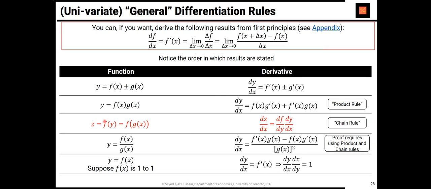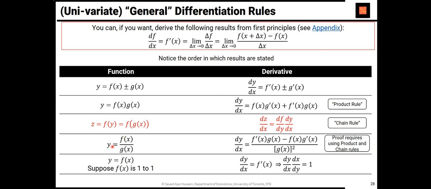Intuitively, by the way, this is not easy to prove. As you can see in the appendix, it is extremely hard. The change in z due to a change in x says first find the change in f due to a change in y, then multiply by the change in g due to a change in x. But of course, g is y, so the change in g over the change in x is dy dx. Chain rule.